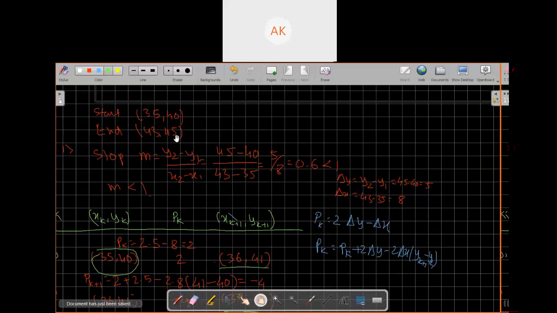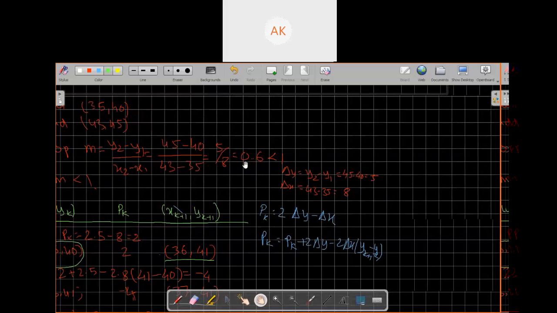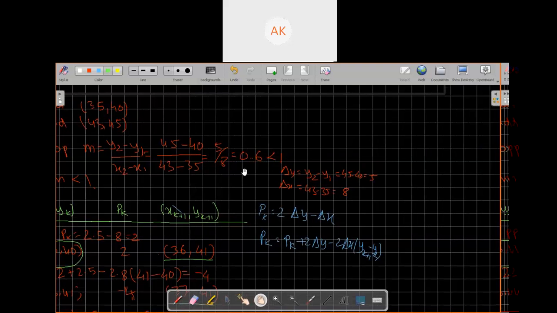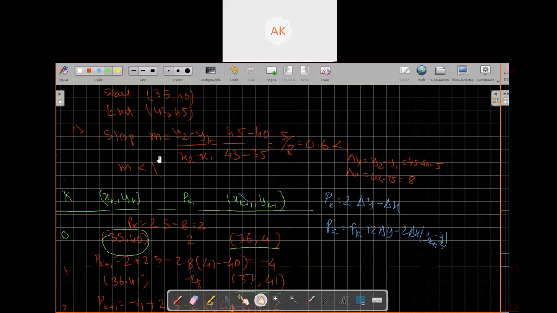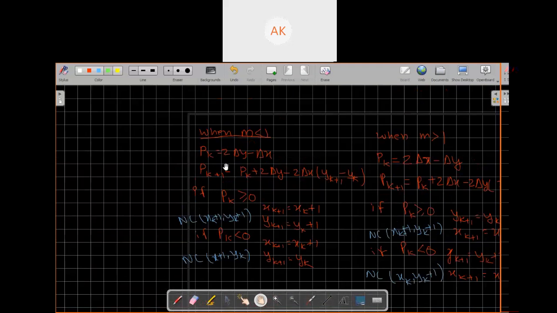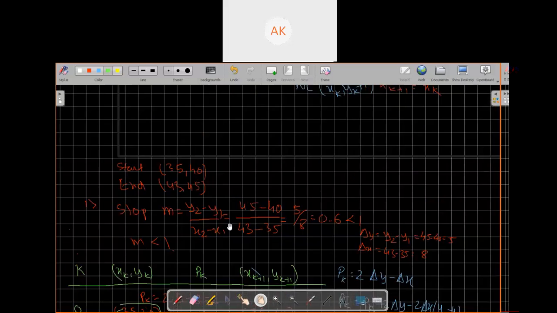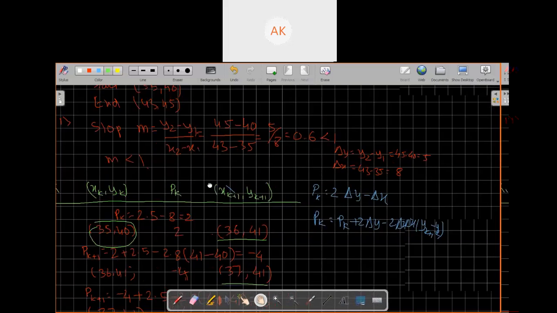Put in the values: y2 is 45, y1 is 40, divided by x2, which is 43, minus x1, which is 35. 45 minus 40 is 5, 43 minus 35 is 8, which means it is 0.6, which is less than 1. So when your slope is less than 1, we have derived this formula. Use this formula and calculate the decision parameter.